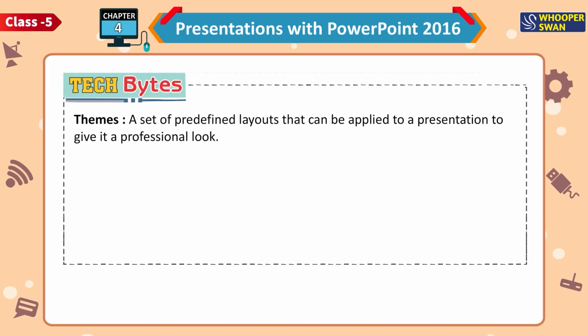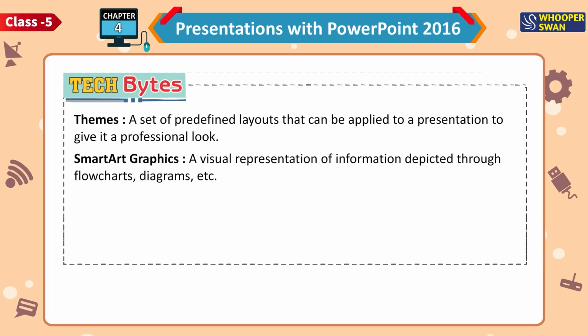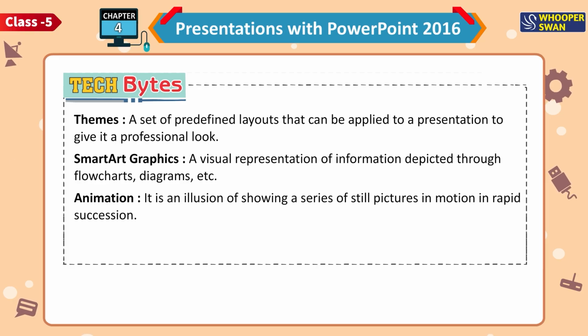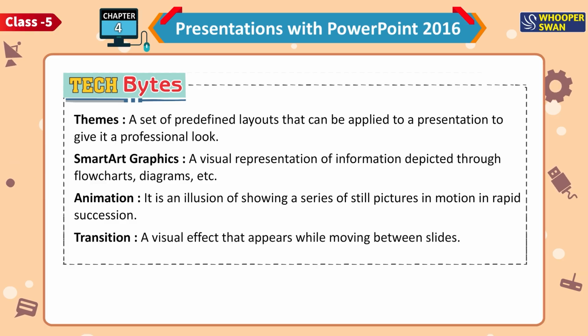Themes, a set of predefined layouts that can be applied to a presentation to give it a professional look. Smart Art Graphics, a visual representation of information depicted through flowcharts, diagrams, etc. Animation. It is an illusion of showing a series of still pictures in motion in rapid succession. Transition, a visual effect that appears while moving between slides.